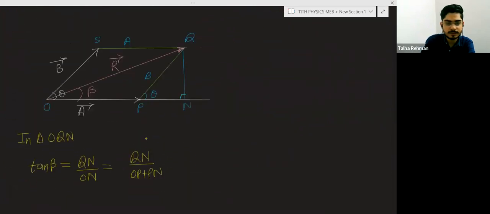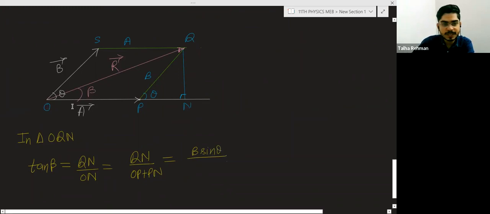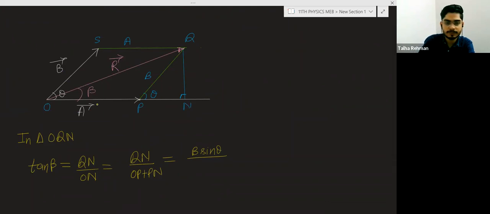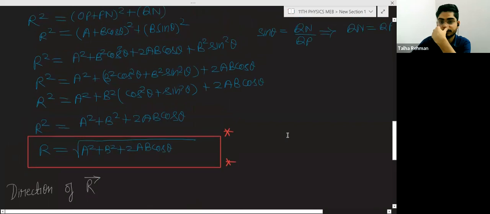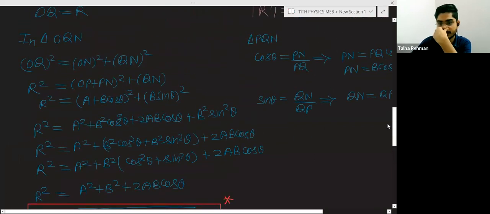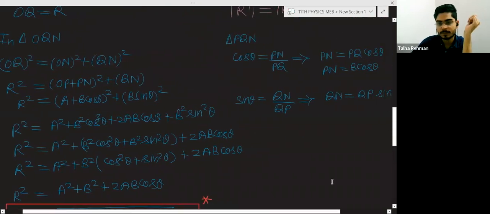So you can write here B sin theta divided by OP. OP is simply A, the magnitude of A vector, plus PN. PN is B cos theta.